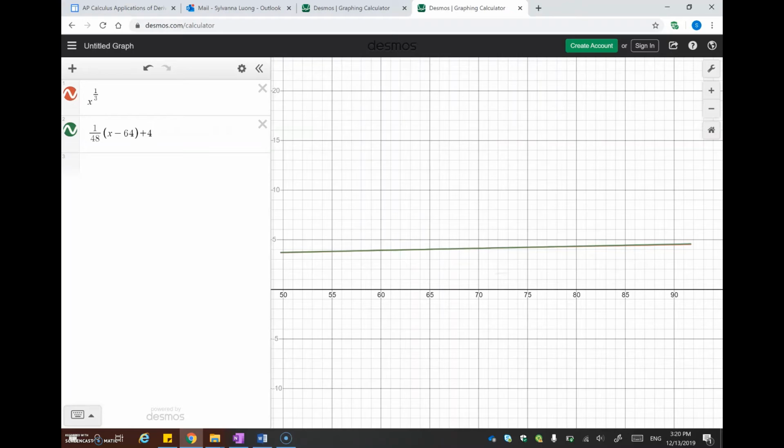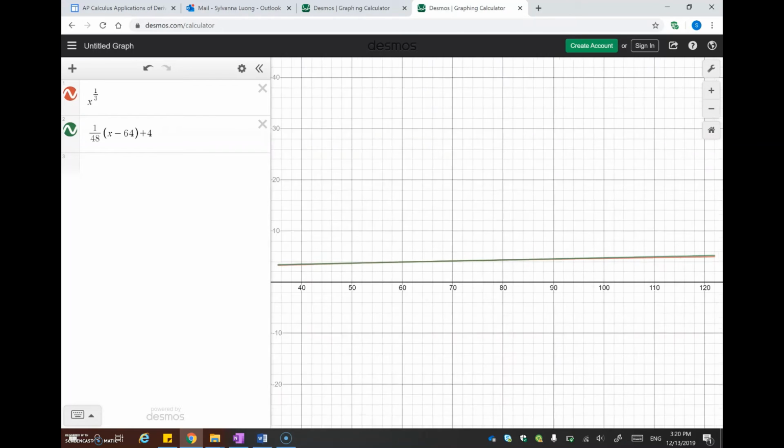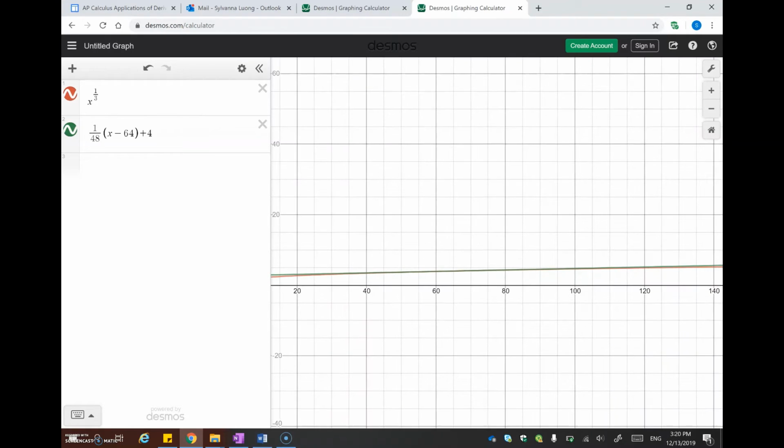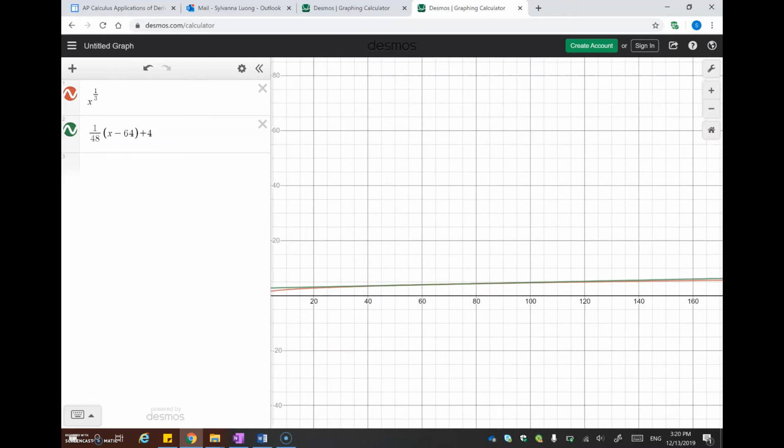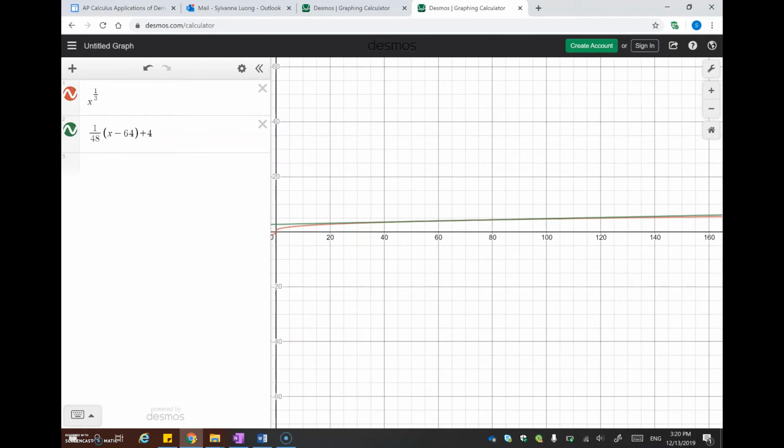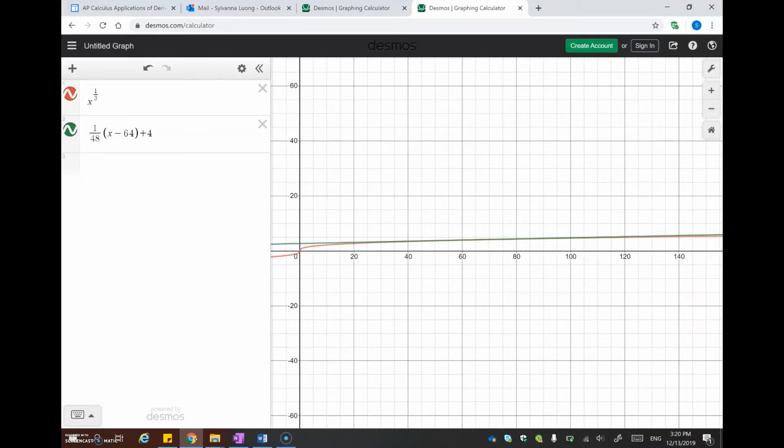And if you zoom out, you can see eventually the green line, which is our linearization equation, overshoots the cube root graph. So because this overshoots, this is an overestimate. And our f of x is also concave down, and that's also an indicator that our calculation is an overestimate.